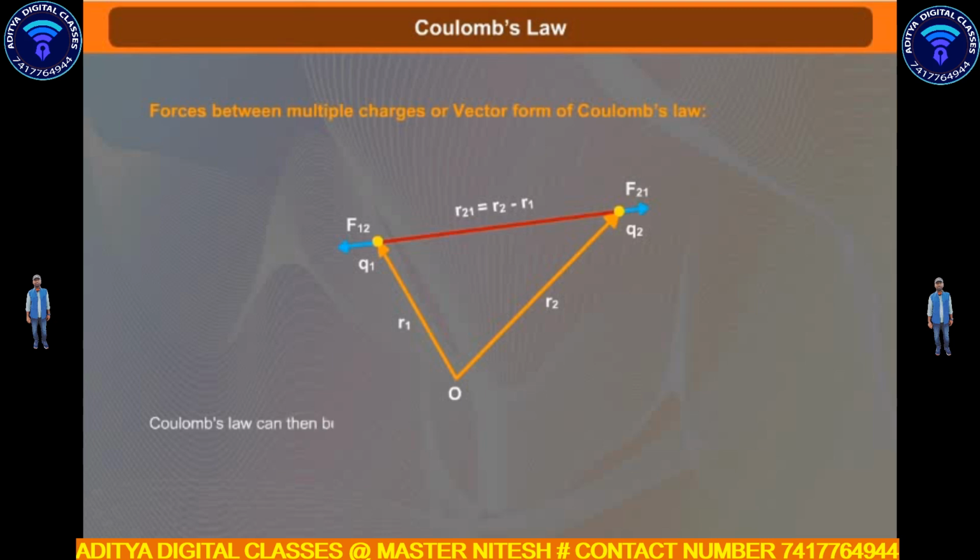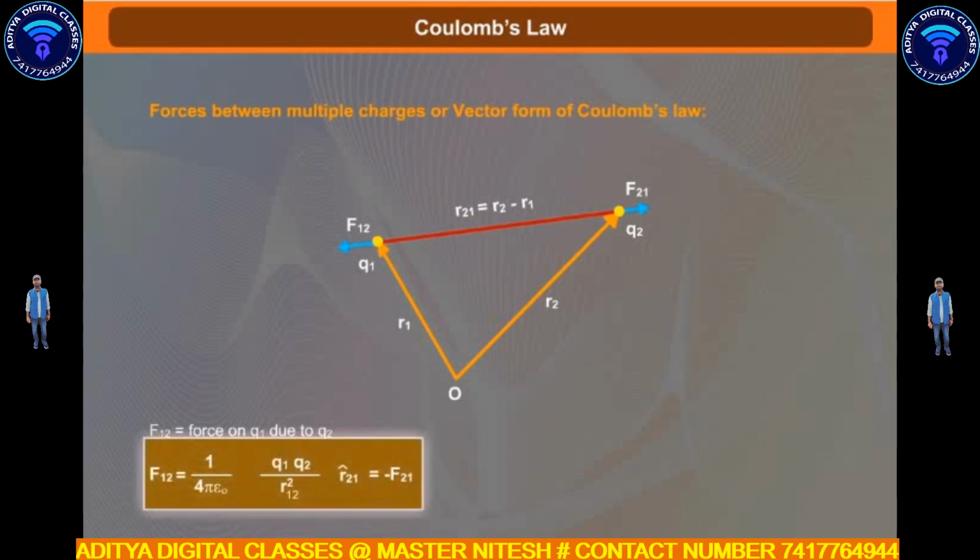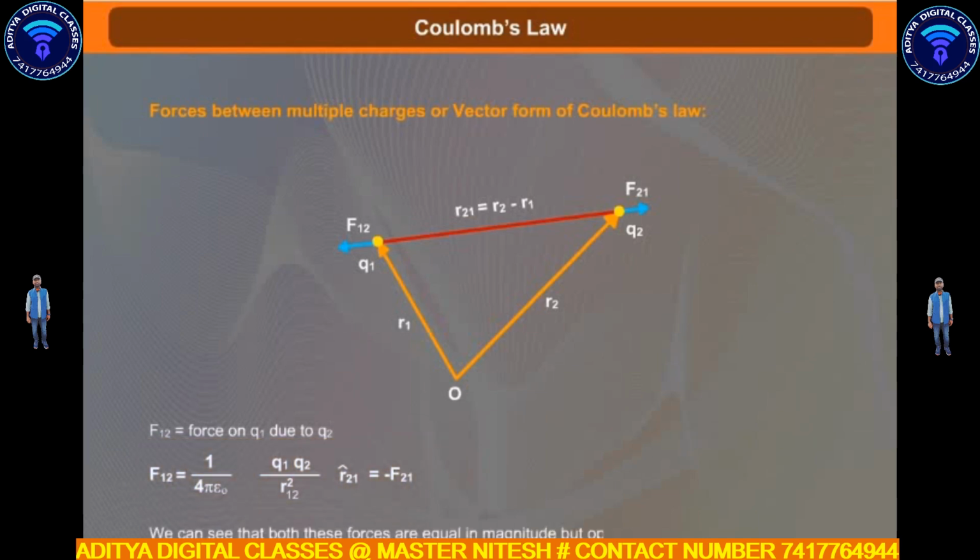Coulomb's law can then be expressed as F21 is equal to force on Q2 due to Q1. F12 is equal to force on Q1 due to Q2. We can see that both these forces are equal in magnitude but opposite in direction.